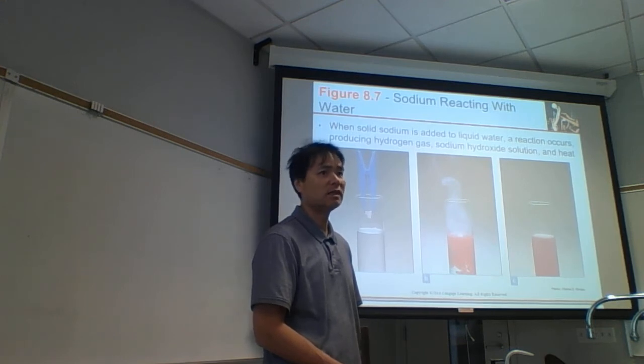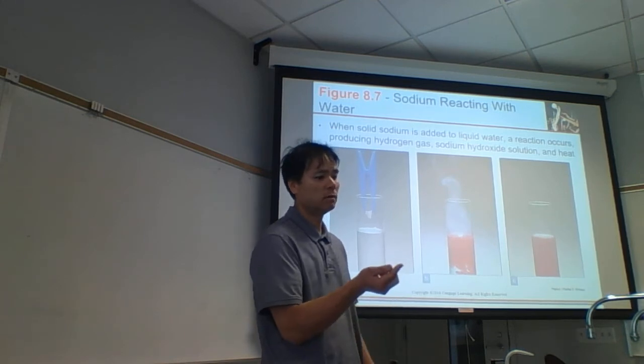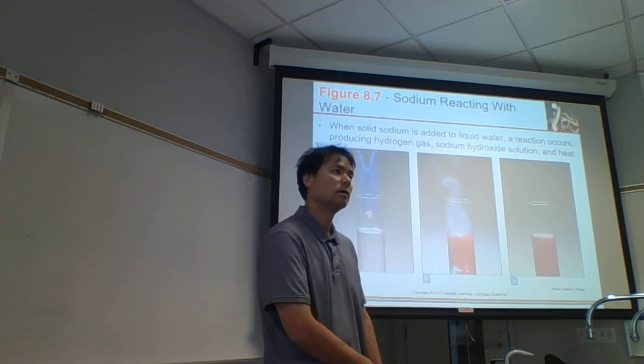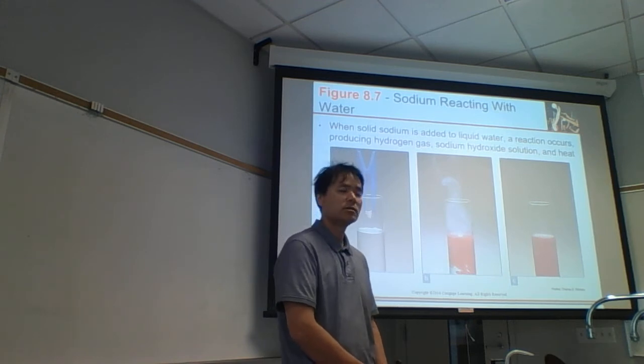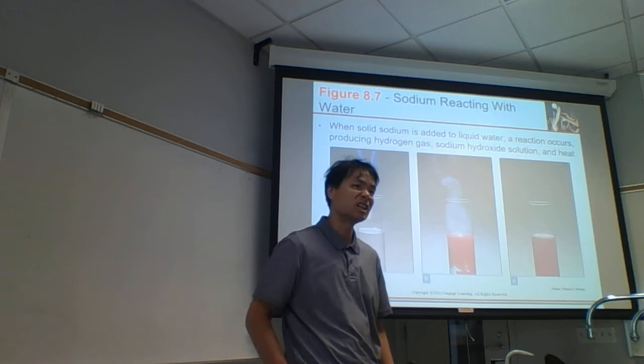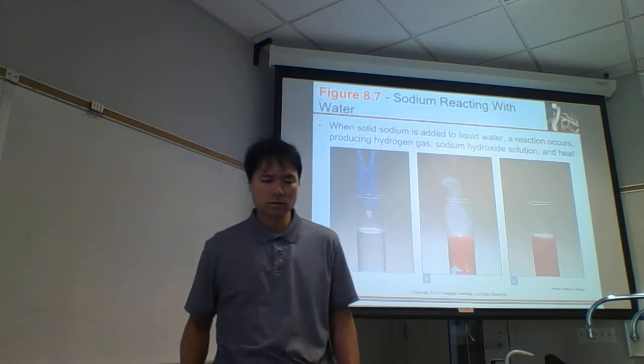Sodium only melts at 90 degrees Celsius, which is very low, less than boiling water. It's going to melt, make a little molten ball of sodium, and if it gets hot enough, it'll catch on fire, to ignite, basically. It'll catch on fire because it generates hydrogen, and hydrogen has a fairly low temperature at which it ignites, and it'll cause trouble.